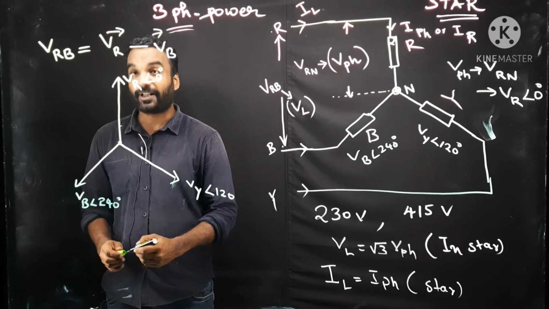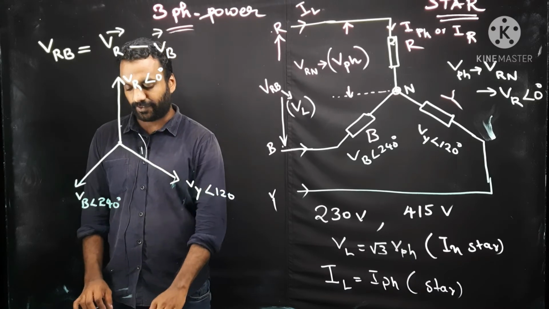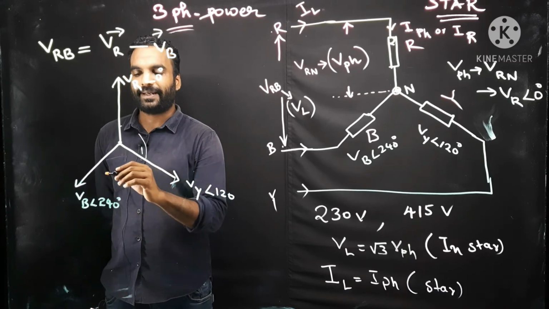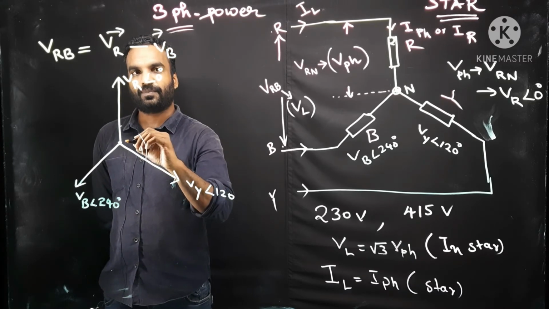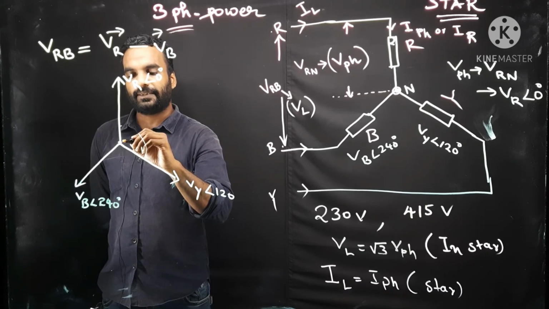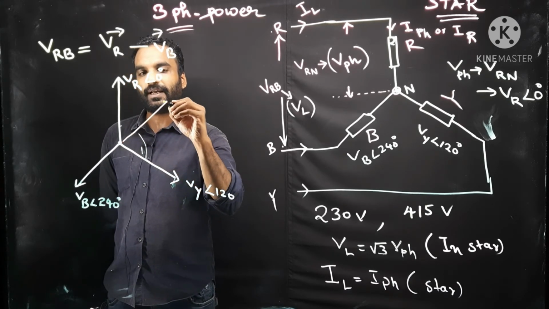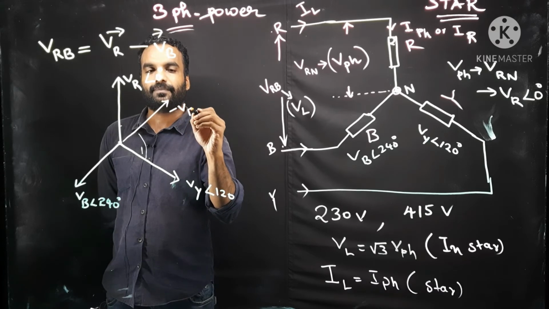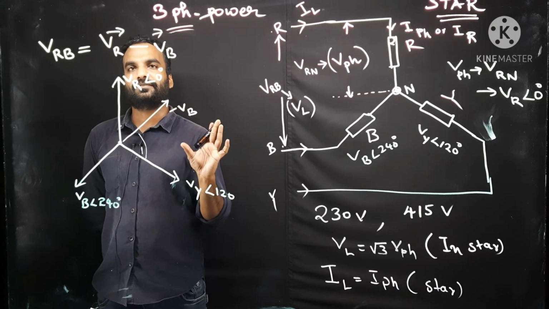Now, what is our aim? I want to find VR minus VB. So, minus VB means I have to draw this VB in the opposite direction. This is minus VB, vector minus VB.